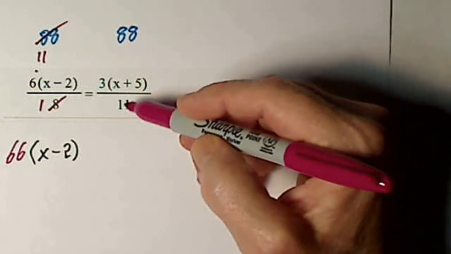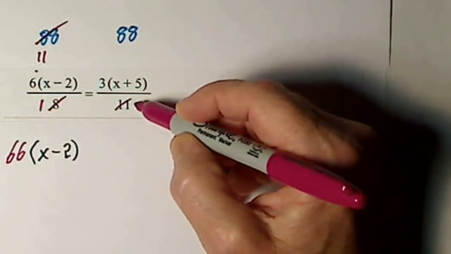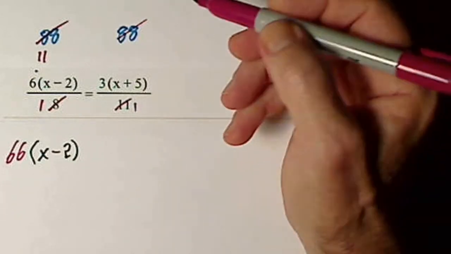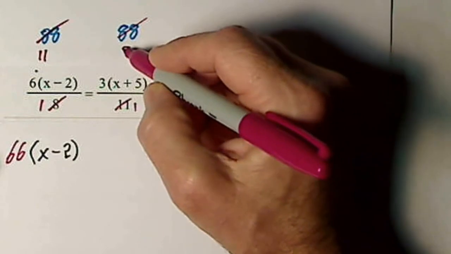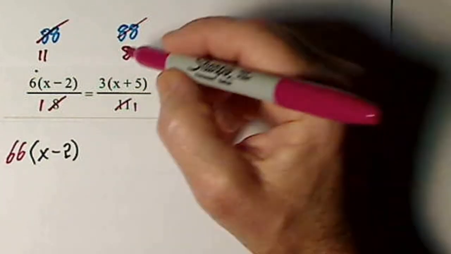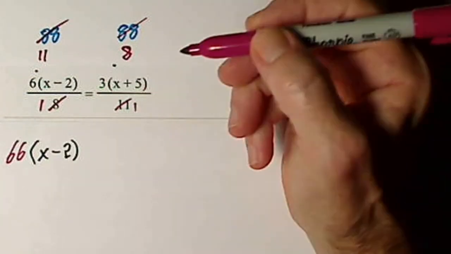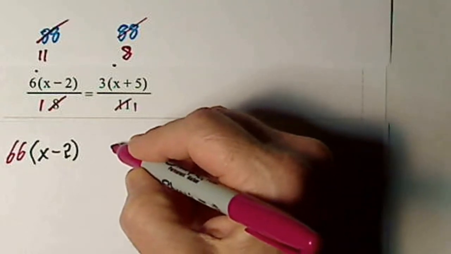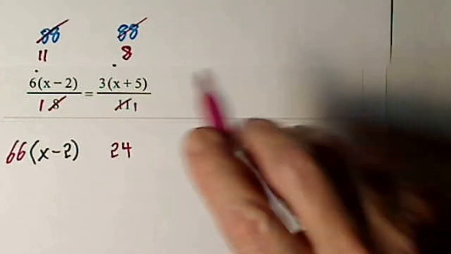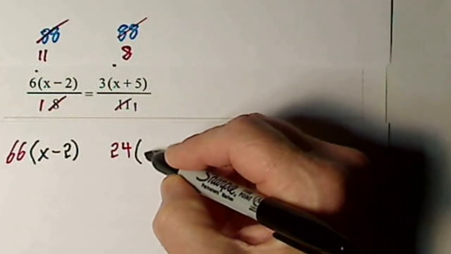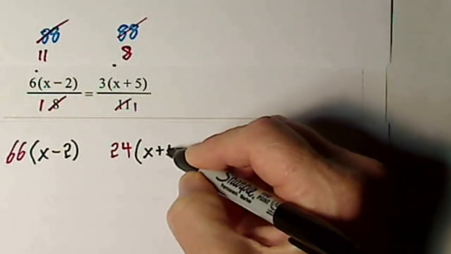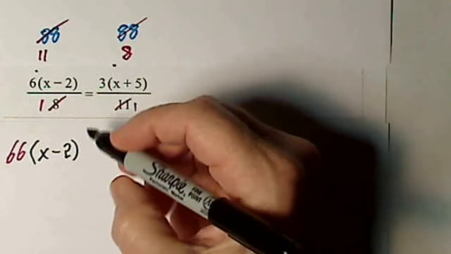Okay, and now here we're going to reduce. 11 goes into 11 once. 11 goes into 88 8 times. And 8 times 3 is 24. And our parentheses again just drop down. And good old equal sign.